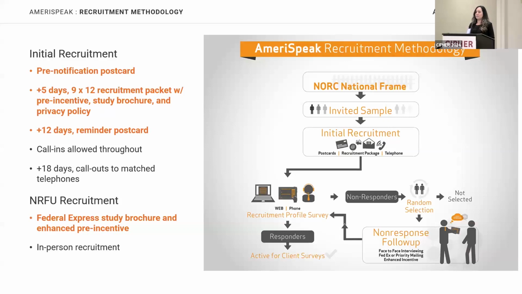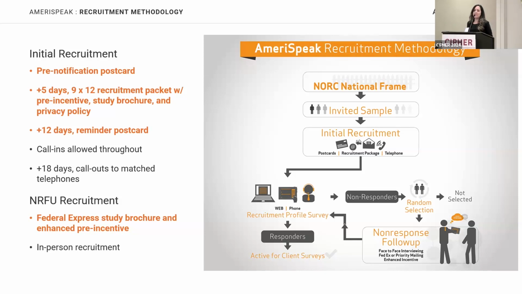So let's talk a little bit about background and data. Again, I am looking at AmeriSpeak trends, so let's talk a little bit about the AmeriSpeak recruitment methodology. Here, AmeriSpeak uses an address-based sampling design, and we initially send a series of USPS mailings to the sampled households. In these mailings, we include both a web option and an inbound phone option for them to be able to respond to our recruitment questionnaire and get impaneled.